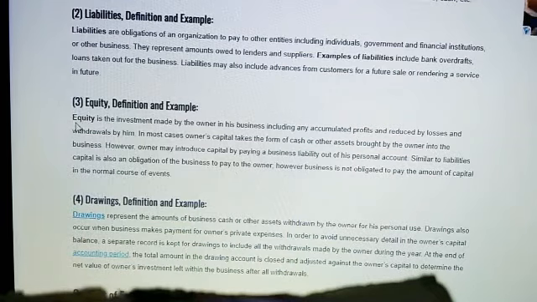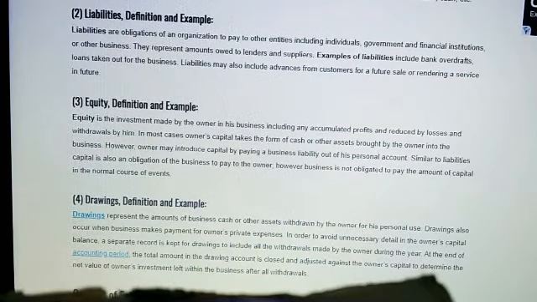So in the definition, equity is an investment made by the owner in his business, including any accumulated profits and reduced by losses and withdrawals by him. In most cases, owner's capital takes the form of cash or other assets brought by the owner into the business. However, the owner may introduce capital by paying a business liability out of his personal account.